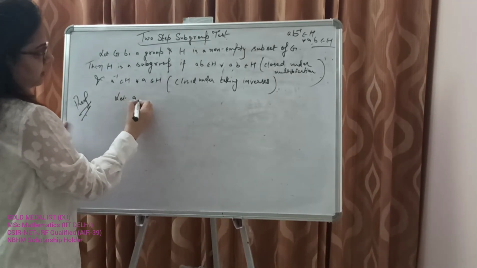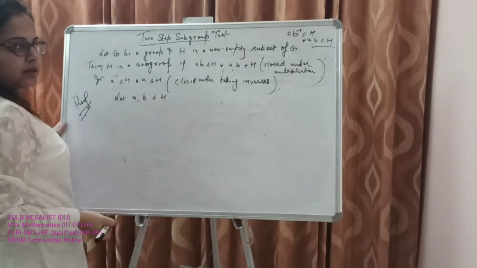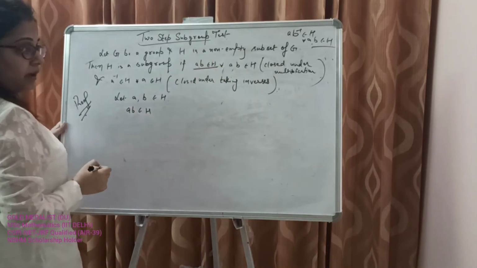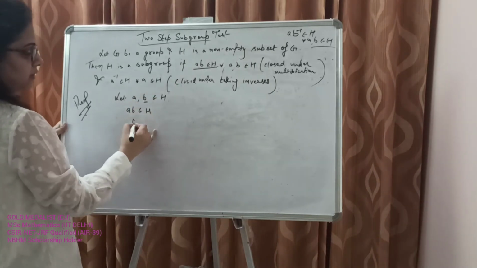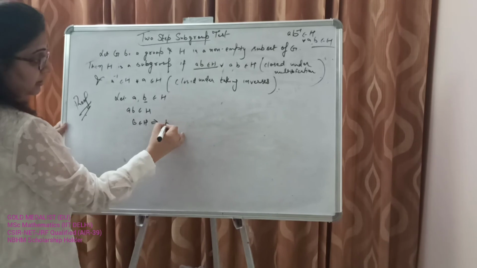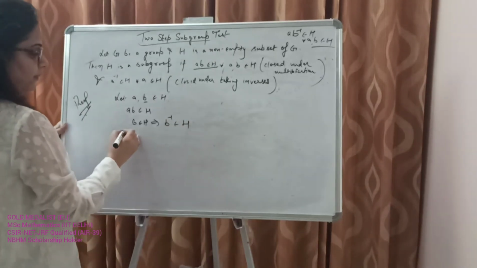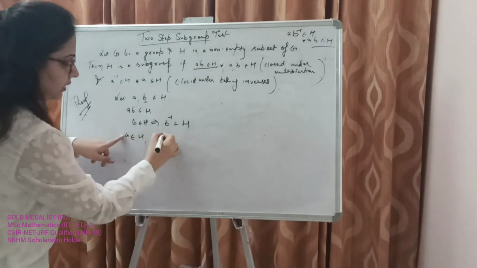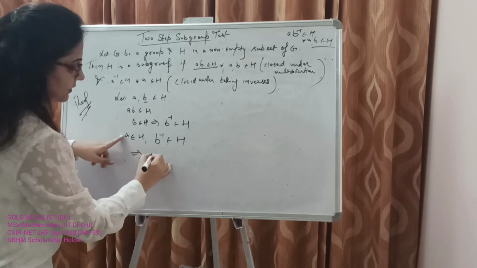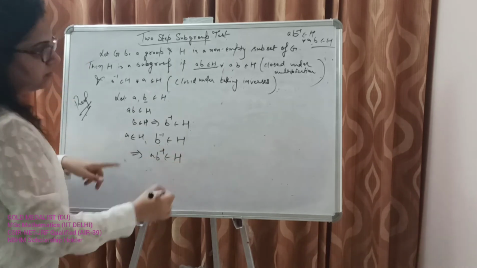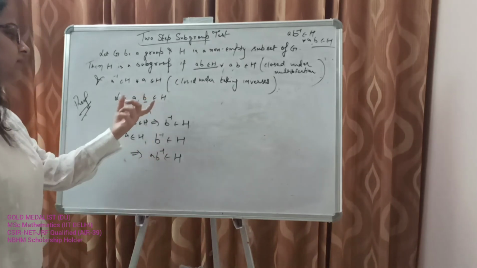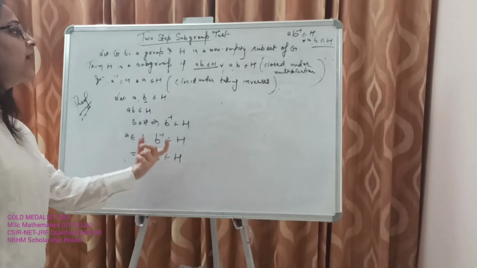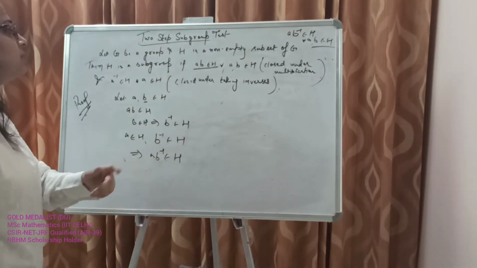Let A, B belong to H. According to this, it is given that AB belongs to H. And since B is an element in H, this implies B inverse also belongs to H. Now, A belongs to H, B inverse belongs to H, this implies AB inverse belongs to H. Since this holds for any two elements in G, we say that H is a subgroup of G. So this is the two-step subgroup test.